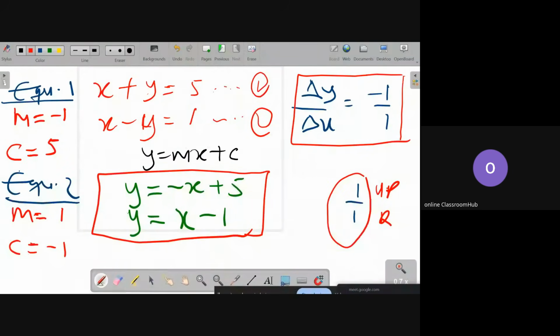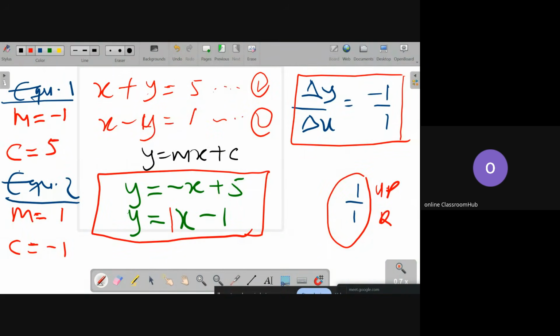The M is the coefficient of the x. So 1 is here, and 1 is the same as 1/1. So meaning you are moving one step up, then one step to the right.